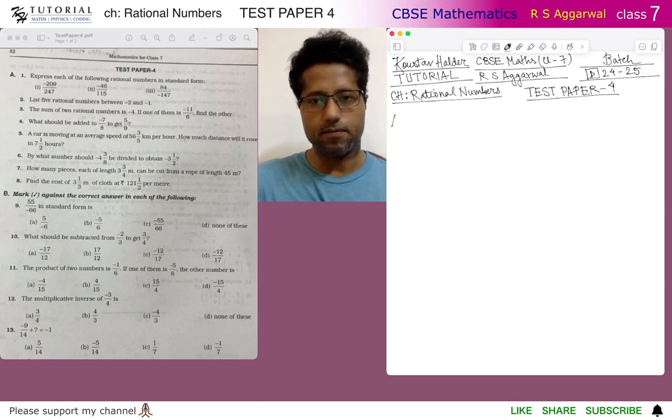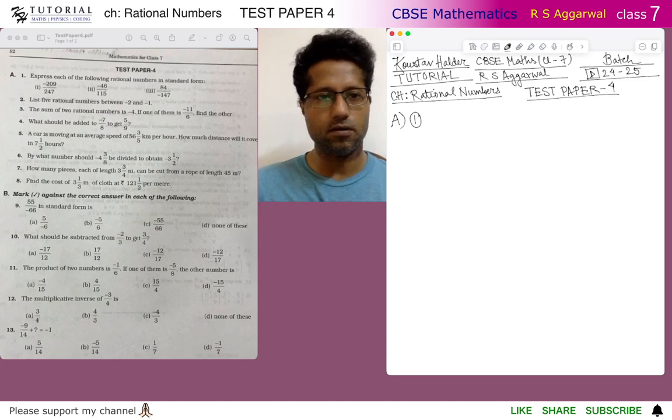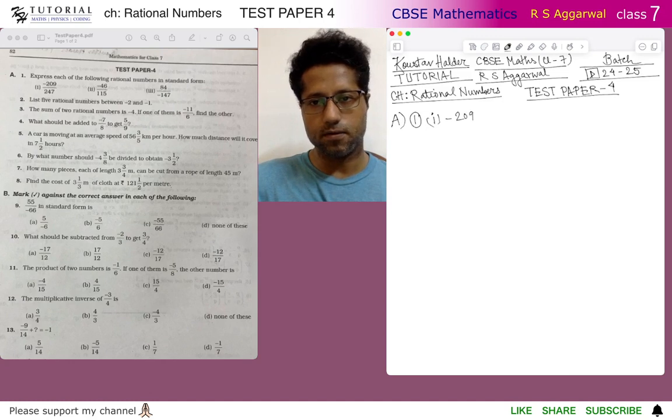This is part A. Question number 1. Express each of the following rational numbers in standard form. Part 1 is minus 209 divided by 247.